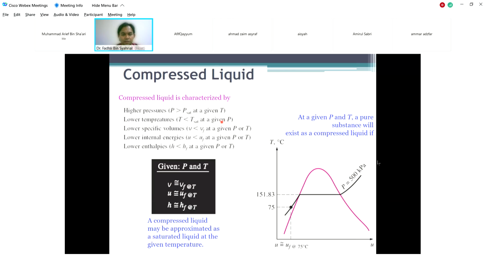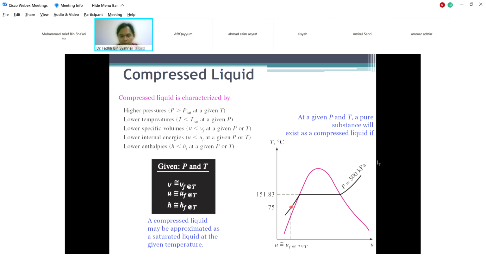We will look at the second characteristic. It says that compressed liquid has lower temperature than T saturation. We have the T-V diagram. At a given pressure, for example 500 kilopascal, the compressed liquid has lower temperature. This is the region of compressed liquid, as we have learned before. Any point located on this line and in this region, the phase is compressed liquid.